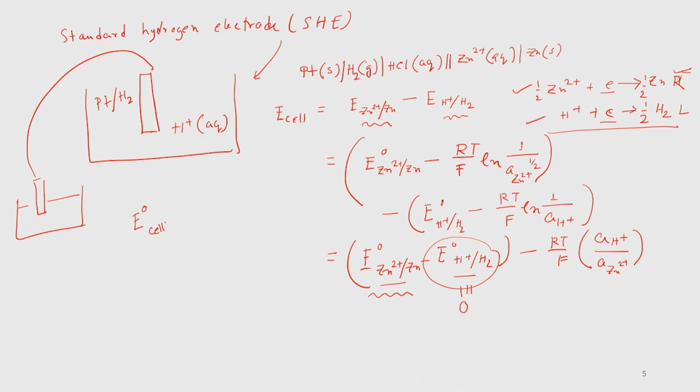But now the E0 of the cell is nothing but the E0 of that particular redox couple, or that half reaction, minus the E0 of this couple, which is H plus H2, but that is a relative thing. So, that we take as 0. So, the E0 of the cell, where one part is the standard hydrogen electrode, is called the E0 of the half cell itself.